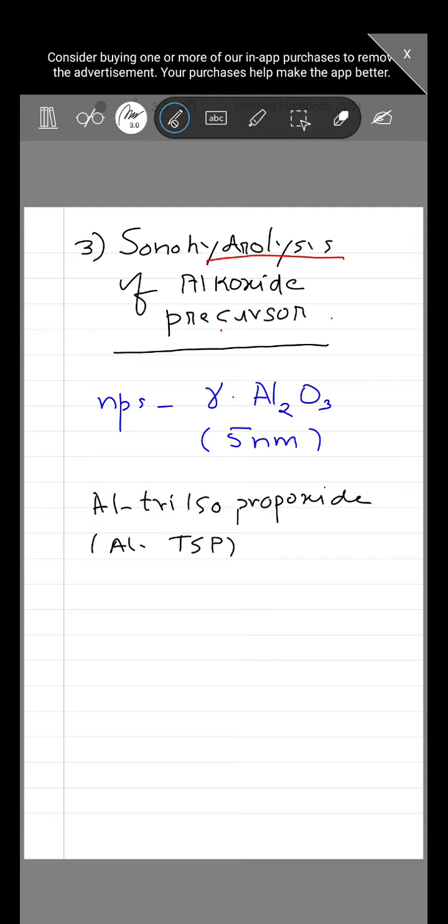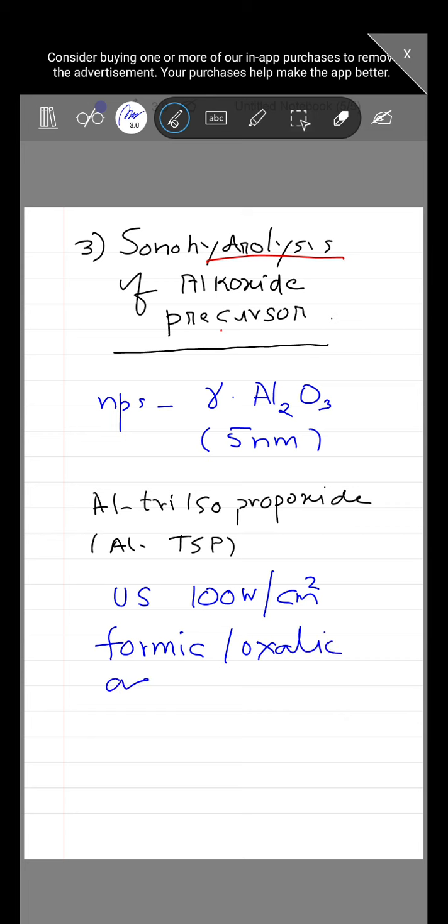So this is subject to an ultrasound of power density 100 watts per centimeter square, and it is under the influence of formic or oxalic acids, which are in fact called peptizers.